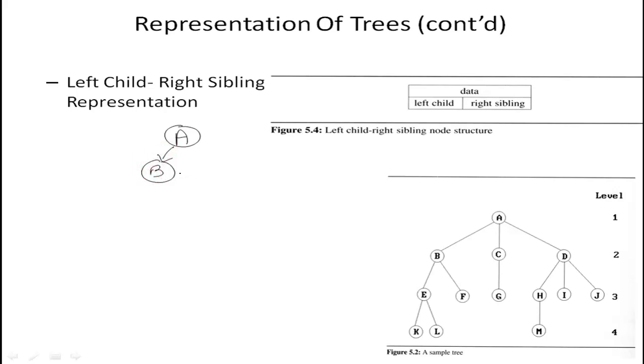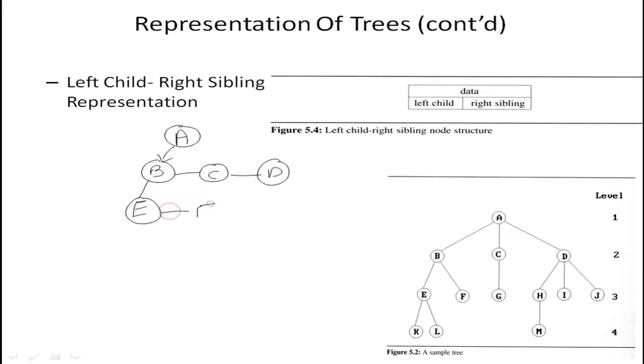Then B has two siblings, so I will write them over here, C and D. Next, B has a child which is E, so I'll write E over here.